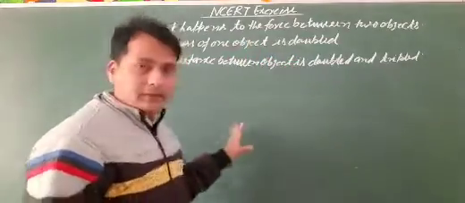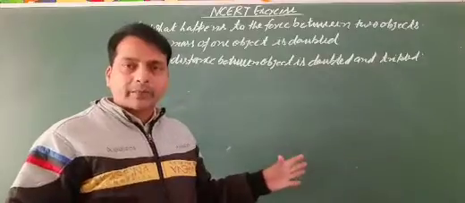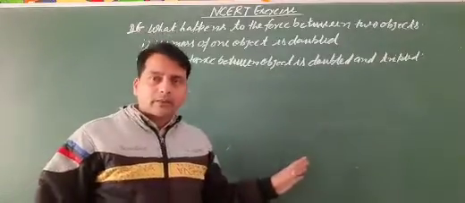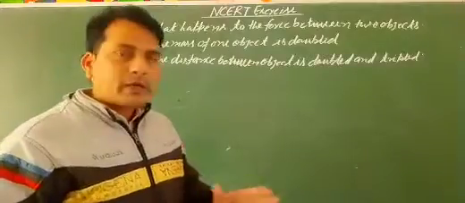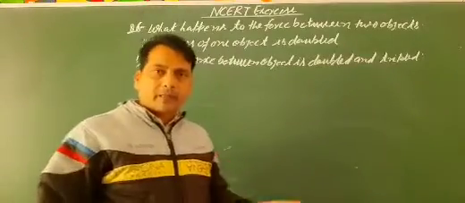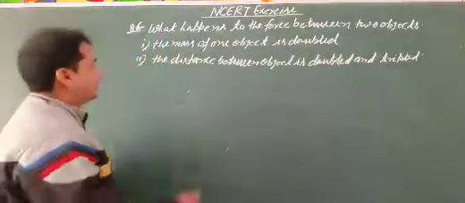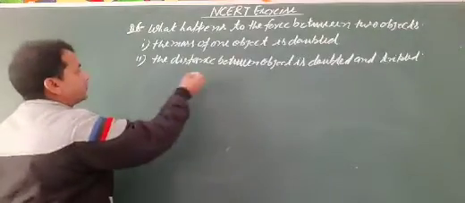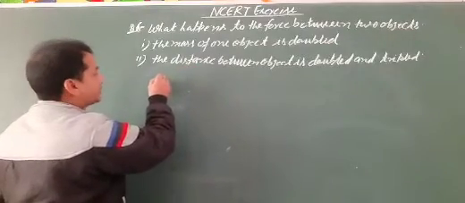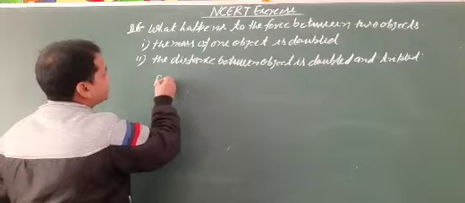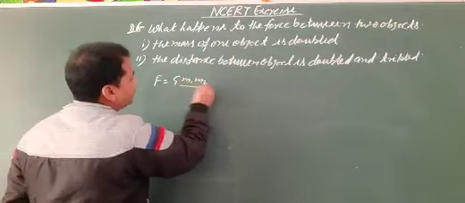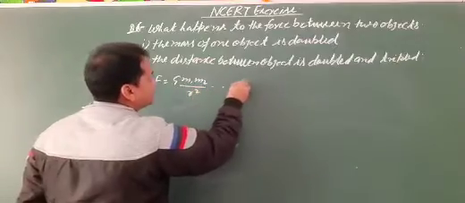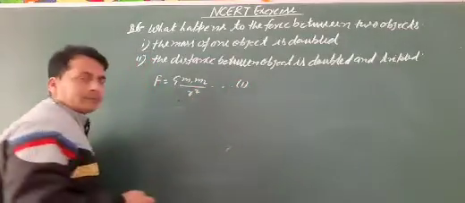According to Newton's law of gravitation, gravitational force is inversely proportional to the square of the distance between their centers. So we can write the gravitational force F equal to G m1 m2 by r square. That is the first equation.